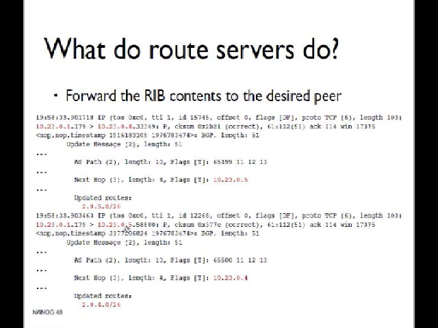Taking into account that the route server itself is completely transparent, so it does not insert anything into the AS path. This is still exactly the same as it has been received, and doesn't change any next hops or anything. It just forwards the information as it is down to all the other peers.